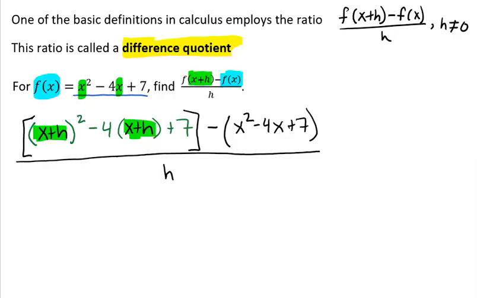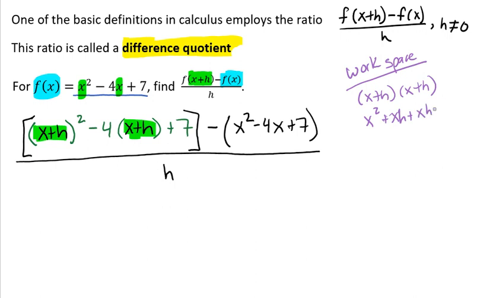So let's create a workspace over here. We're going to have x plus h times x plus h. So x squared plus xh plus xh plus h squared.